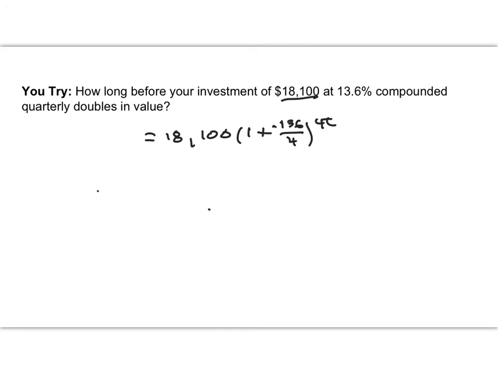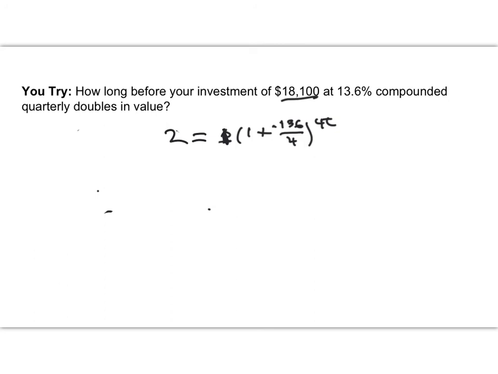It's 36,200 relatively easily. And divide both sides by that, but that leaves me with 2. Since I know I'm doubling it, I could skip all of that and just do this. Because the ratio is the same between 36,200 and 18,100 and 2 and 1. That's a nice trick to use when you're doubling.